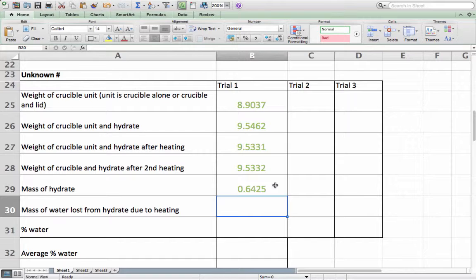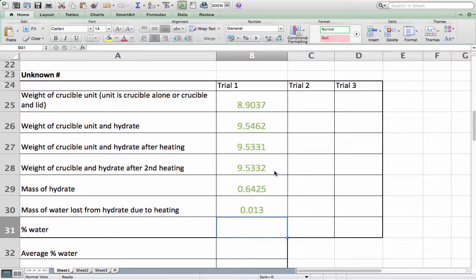Now, to determine the amount of water that was lost due to heating, I can subtract the mass of my anhydrous form from my hydrate. So mass of crucible with hydrate minus mass of crucible with anhydrous salt, so second heating, gives me a mass of 0.130 grams.